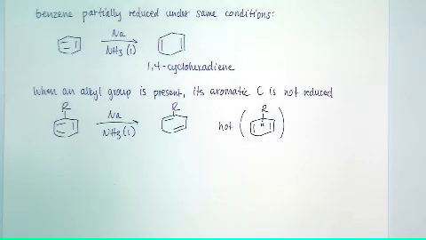So this is kind of like the example that we did with pyridine and pyrrole, where sometimes the lone pairs were important and sometimes they weren't. The key here is to draw out the lone pairs.